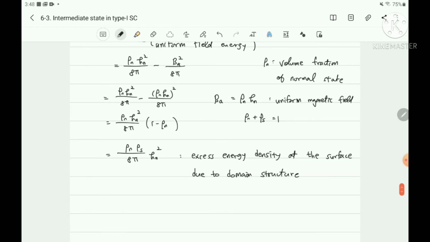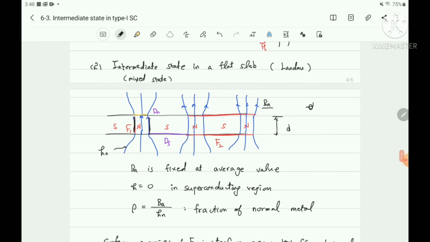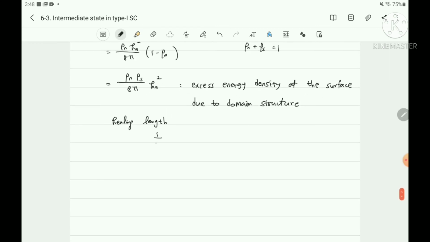Here let's define the healing length. In this case, the normal state and the superconducting state can be regarded as a parallel connection, and therefore dn and ds can be connected in parallel. Let's define the healing length like this: 1 over L equals 1 over dn plus 1 over ds, a parallel composition.